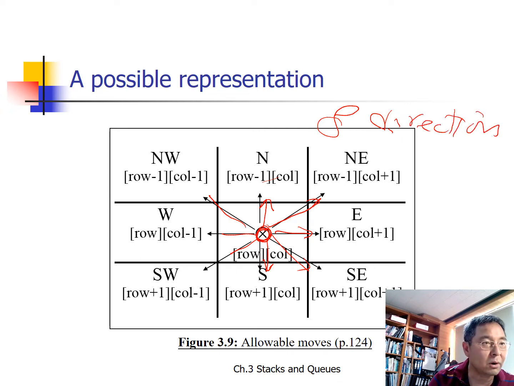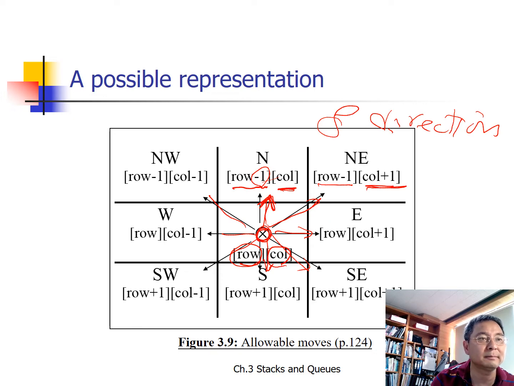If I am at the row, column position at the moment, and we go north, then the row value will be decreased by 1, but the column does not change. How about northeast? The row value will be decreased by 1, but the column value will be increased by 1.